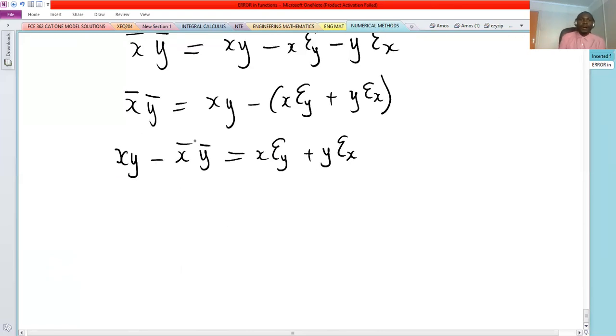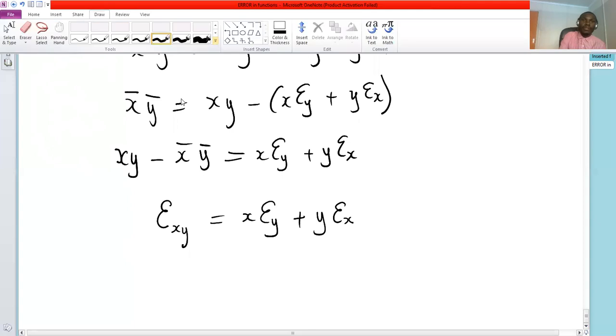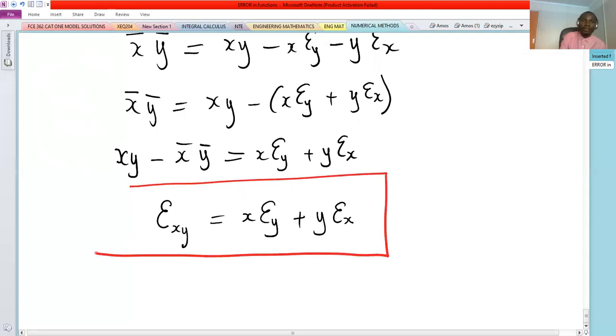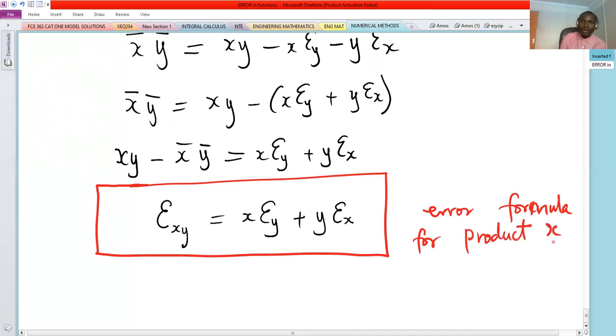So this is the true value, this is the approximate value. Therefore this quantity can just be defined as the error in the product of x and y, which is x error in y plus y error in x. Therefore, this is the error formula for the product of two values x and y.